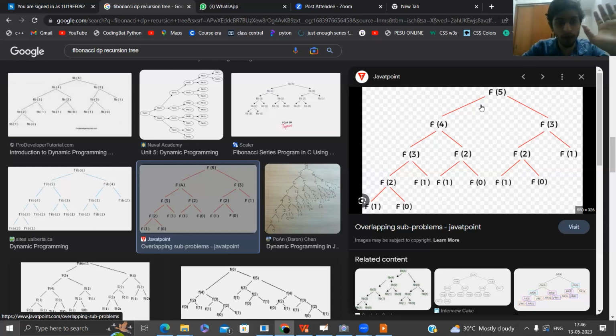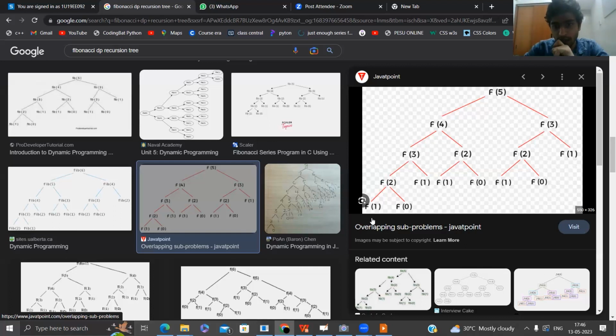One simple way to calculate the time complexity of a tree problem or recursion problem is to just look at the tip of the tree. The tip of the tree is fib of 5, right? From the tip of the tree, how many calls are getting diverged? Basically, there are two calls getting diverged. So keep 2 at one place, then raise 2 to the power of the height of this recursion tree.